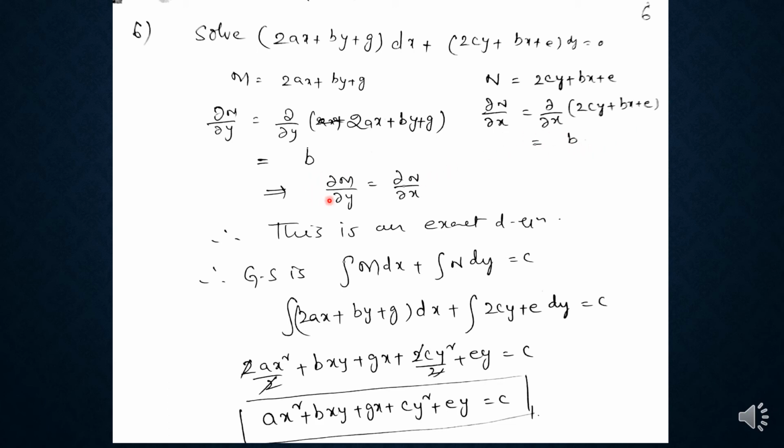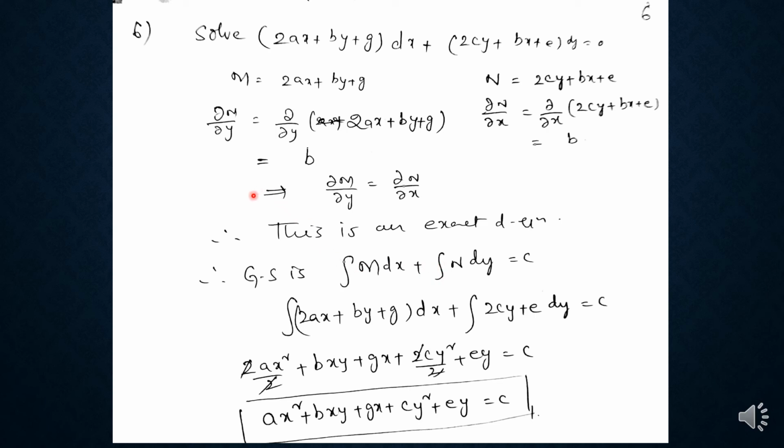Here dou M by dou y is equal to b and dou N by dou x is equal to b. These two are equal, so we can say that this is an exact differential equation. After satisfying this, we can write the general solution as integral M dx plus integral N dy is equal to c.